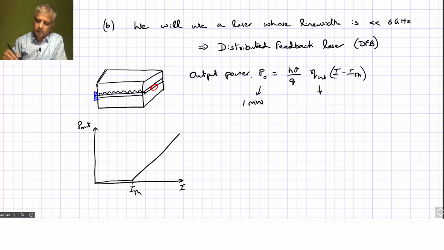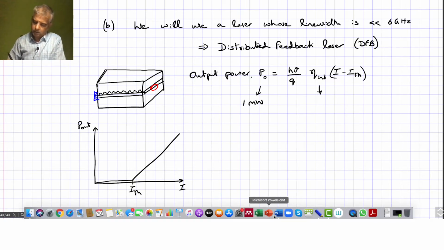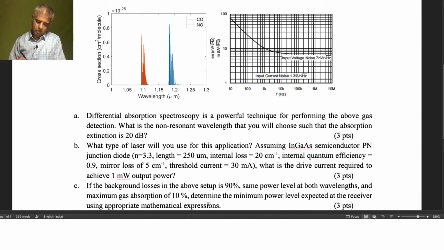Eta int is given. If we go back here, we have been told that the internal quantum efficiency is 0.9, and you have also been told that the internal loss corresponds to 20 per centimeter and a mirror loss of 5 per centimeter. So, let us see if we can put all of those together.